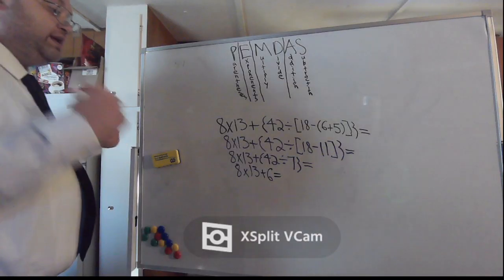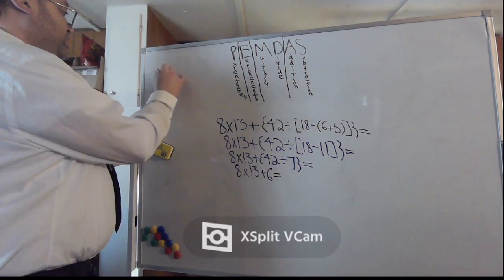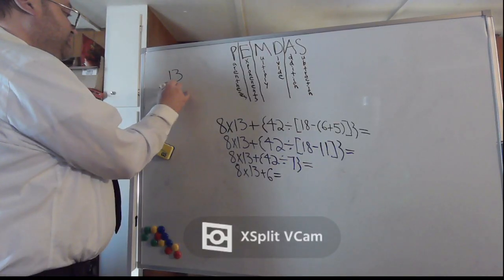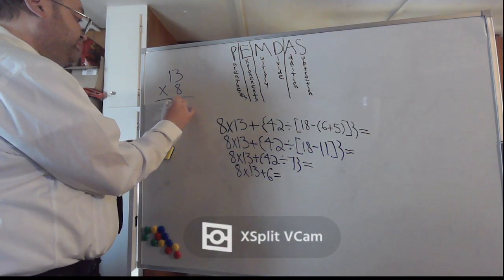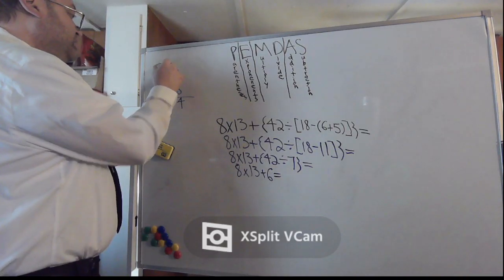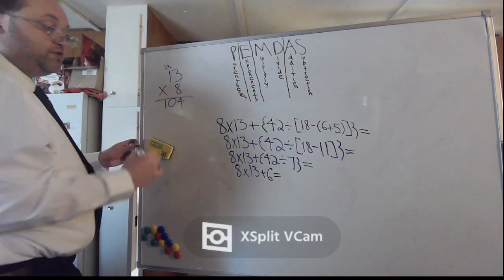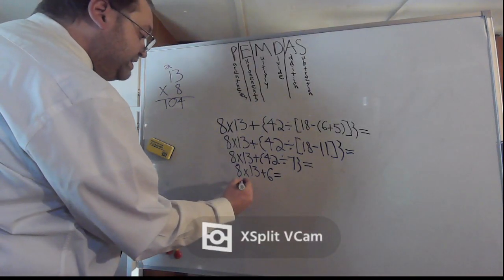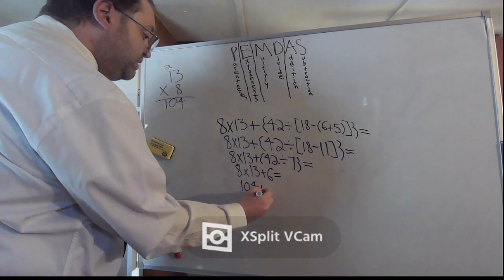We need to figure out what 8 times 13 is. So let's do 13 times 8. 3 times 8 is 24. Keep your 4, carry your 2. 8 times 1 is 8, plus 2 is 10. So it's 104. So 13 times 8 is 104 plus 6.